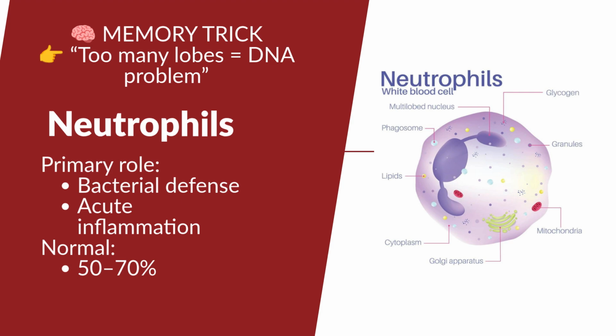They engulf the bacteria, kind of like a monocyte, because they also have an association with phagocytosis, and they destroy microorganisms, participating in acute inflammation. So yay, neutrophils. They contain enzymes and granules that help kill pathogens.